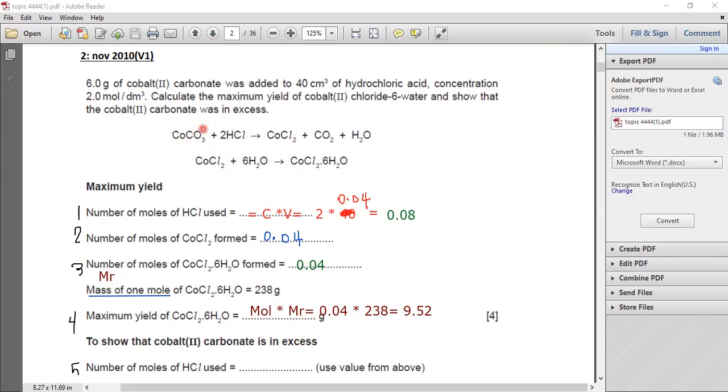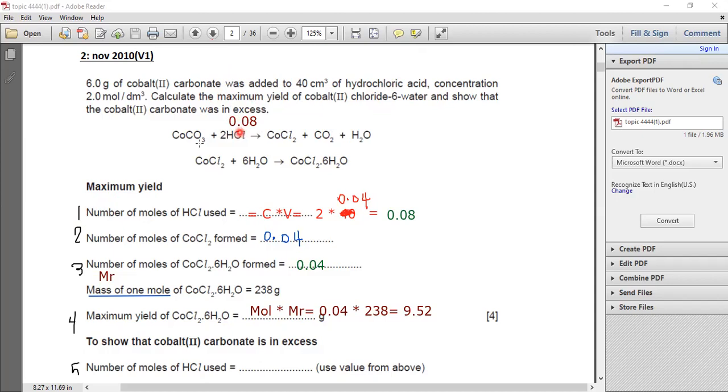What should I do? I know HCl 0.08. Is it clear? 0.08. This is from number 1. So number of moles of HCl is known for me.